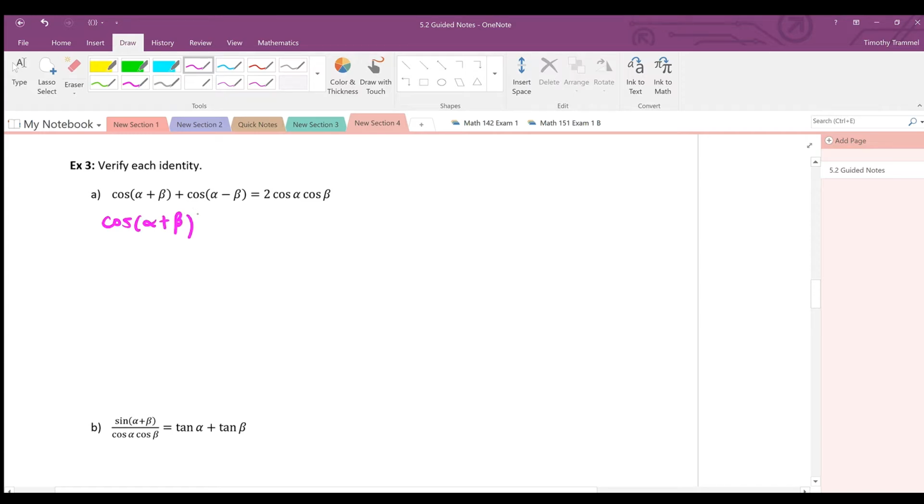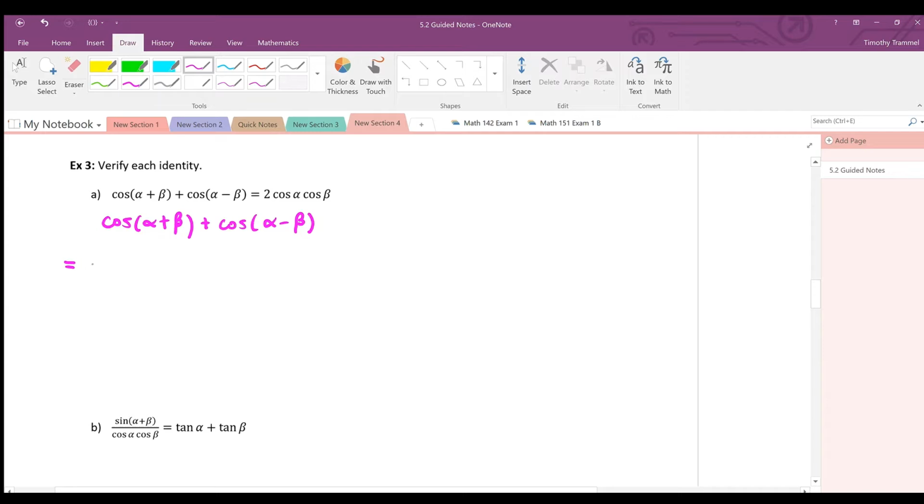So we have cosine of alpha plus beta plus cosine of alpha minus beta is equal to, and we're going to use those cosine formulas for cosine of a sum of two angles.